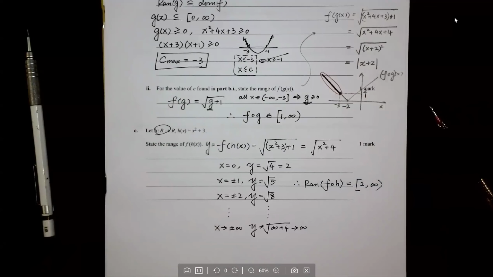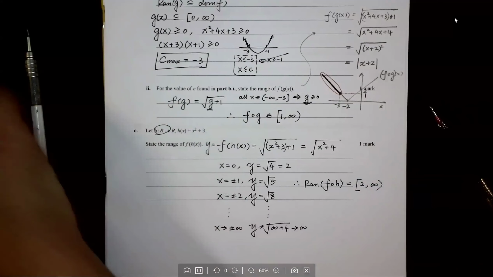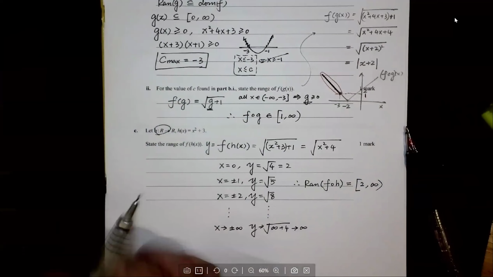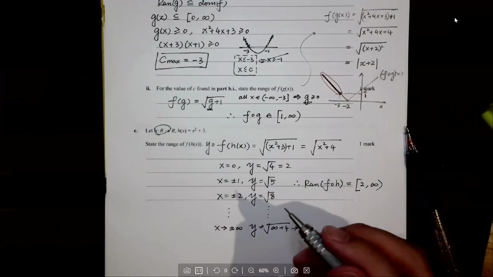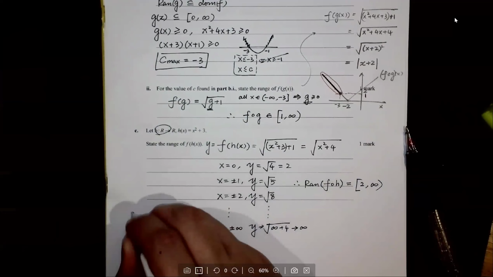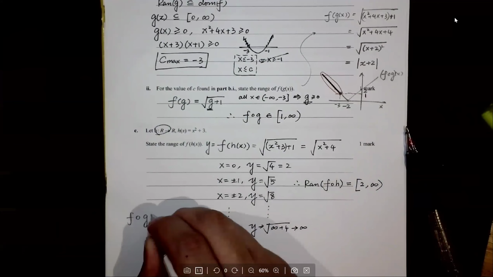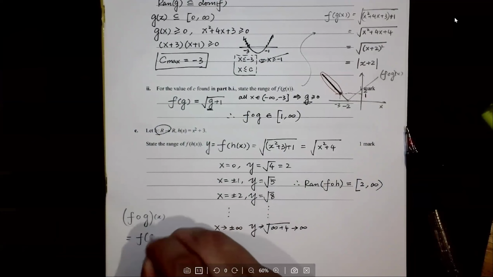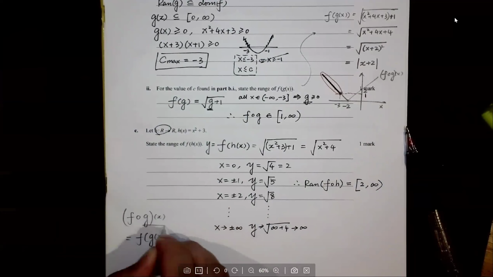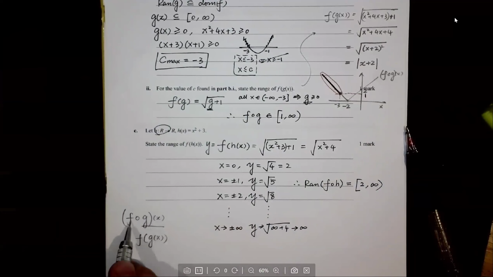And just be careful. This was a paper from the previous study design. In the current study design from 2023 to 2027, you should be familiar with fog notation like this. That means f of g of x, so the second function is substituted into the first.